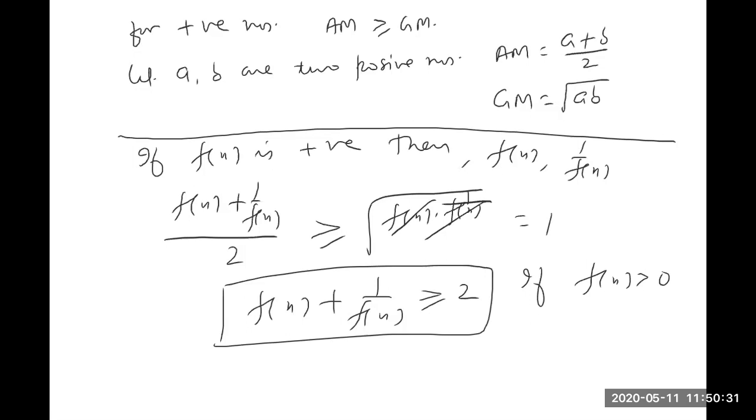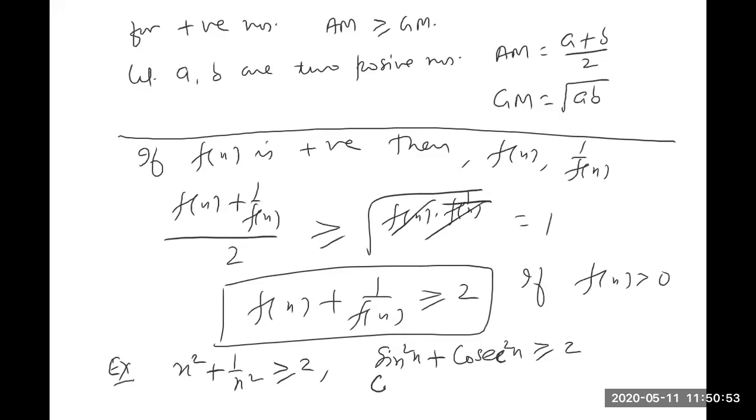For example, x square plus 1 upon x square will be greater than or equal to 2. Sin square x plus cosec square x, because it is 1 upon sin square x, will be greater than or equal to 2. Cos square x plus sec square x will be greater than or equal to 2, and tan square x plus cot square x will be greater than or equal to 2.